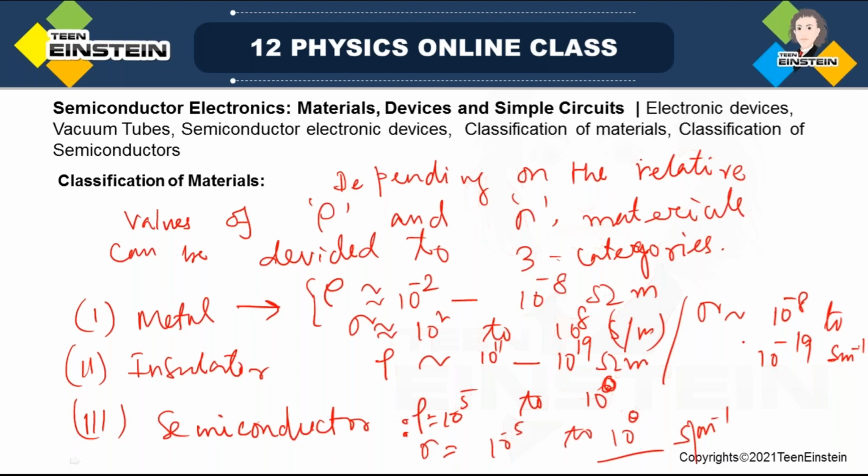Okay, these are the typical classifications based on the relative value of rho and sigma.